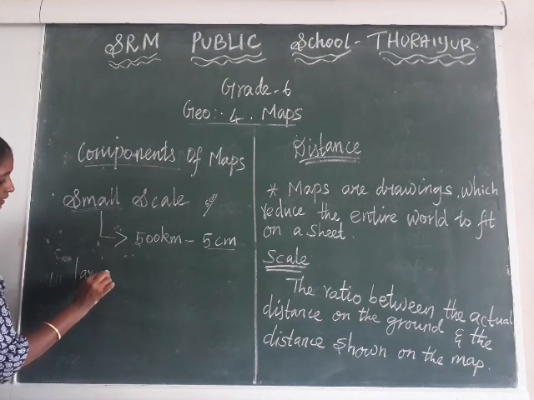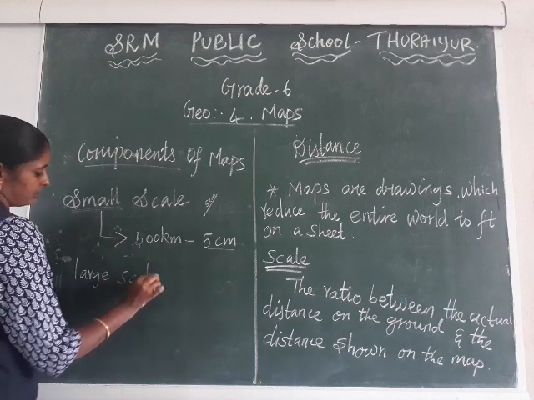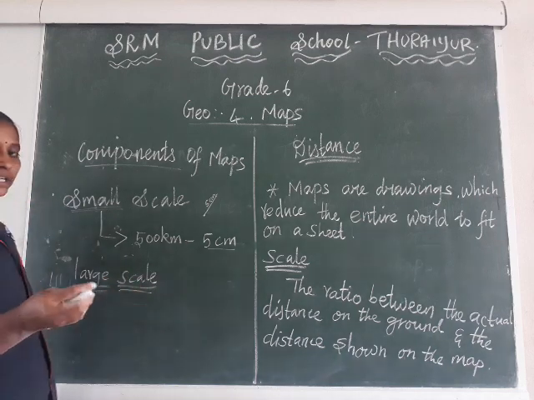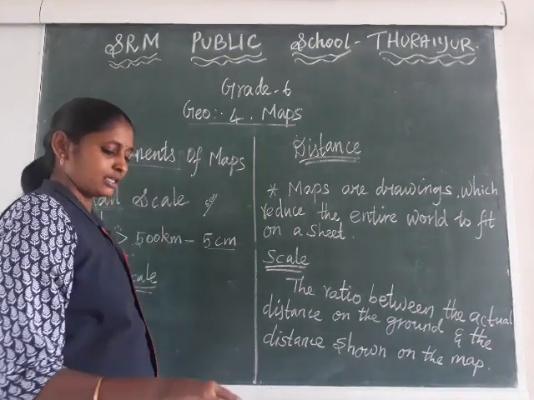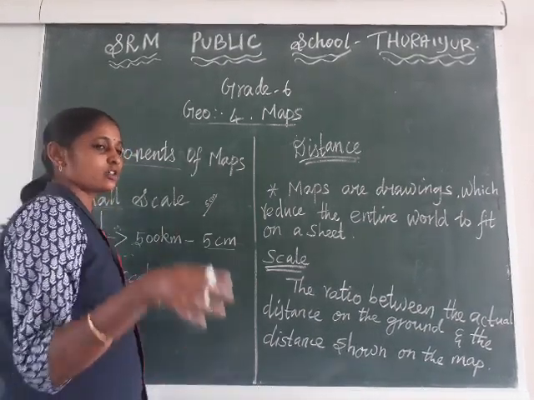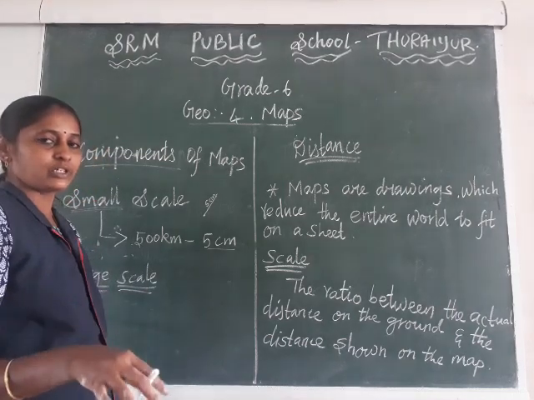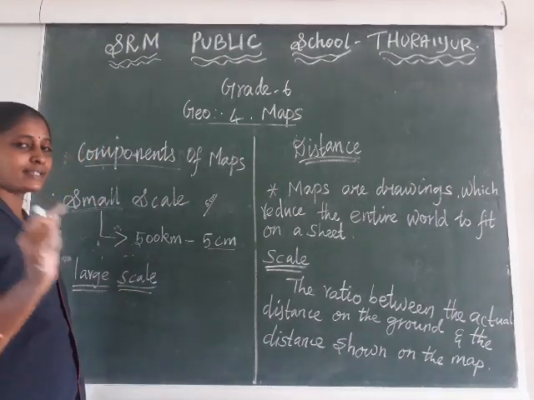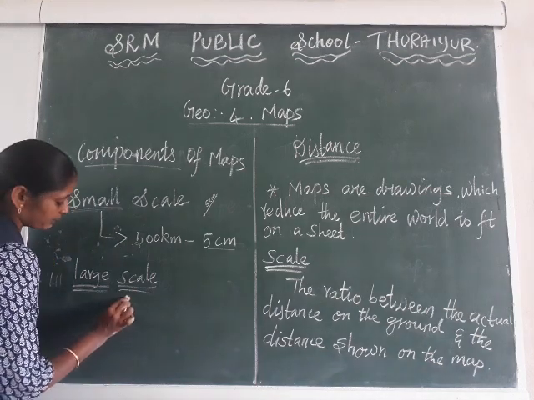Second is the large scale map. Large scale means when we try to draw a small place, like a particular street or village or our school map. In that time we are using a large scale.